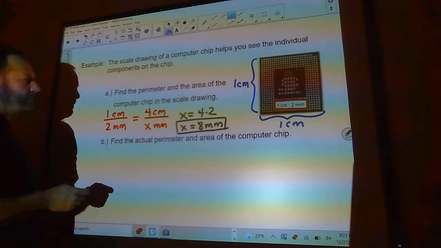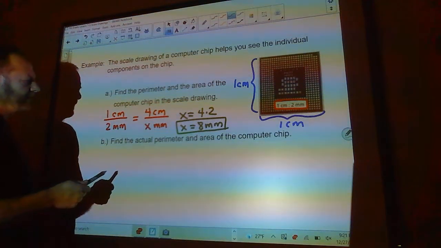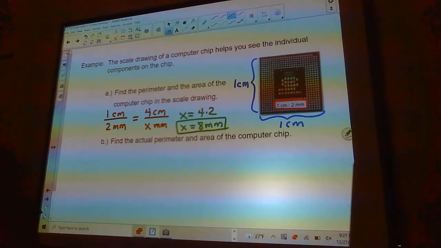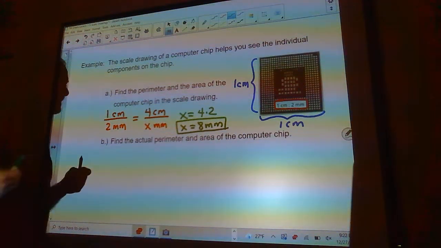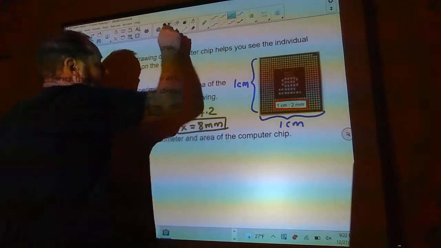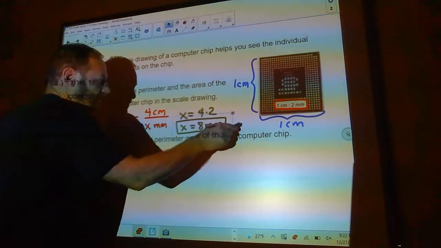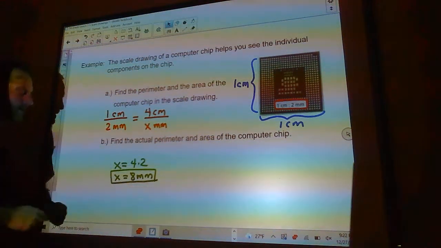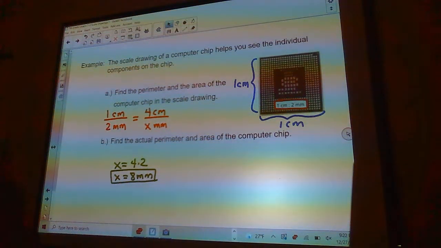Okay, so find the perimeter and area of the computer chip in the scale drawing. So we've got the perimeter right there. Actually, that's the actual perimeter, this answer down here. The actual perimeter is going to be 8 millimeters.